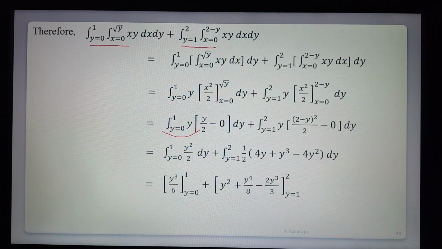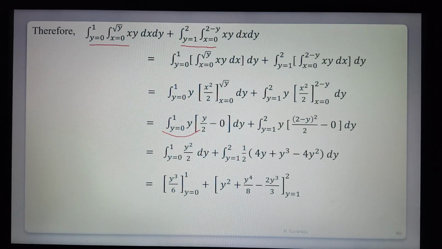That is equal to integration y square by 2, y cube by 6, y limit 0 to 1. Here integration y square by 2, 4 cancel, y cube by 3, y power 4 by 4, 4 into 2 is 8, minus y cube by 3, that is equal to 2 by 3 y cube, y limits 1 to 2.